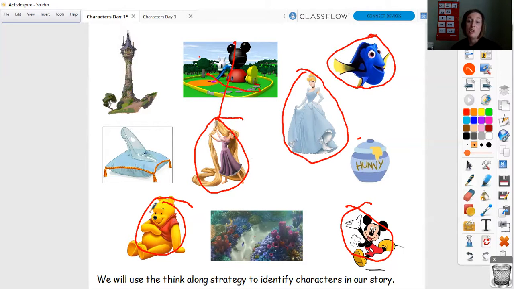We're going to be looking at and identifying characters in a story. So you're going to head off to your playlist and you're going to practice this with your own video and a sorting activity. Then we're going to come back live and share a story together and see if we can figure out who the characters are.